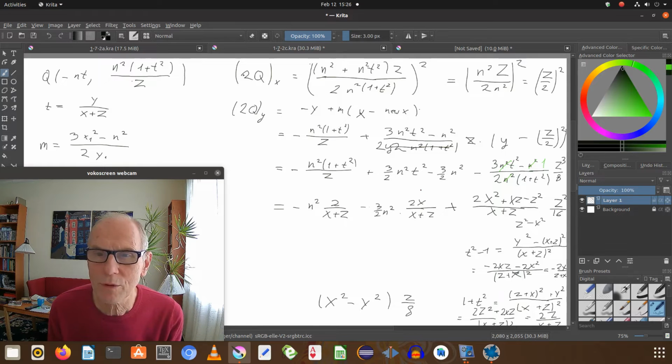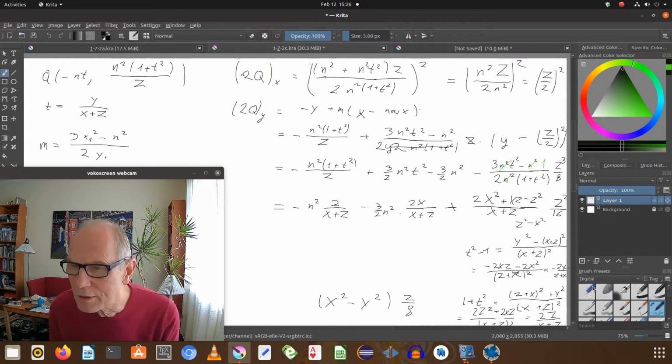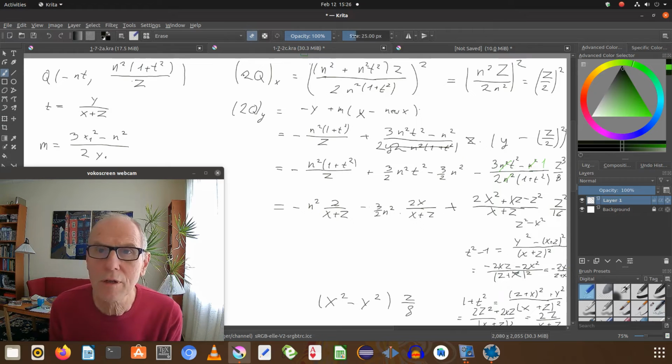So this is the only one that's wrong, so we just delete it. And so this is m, so this needs to be the original x value, which is minus nt.